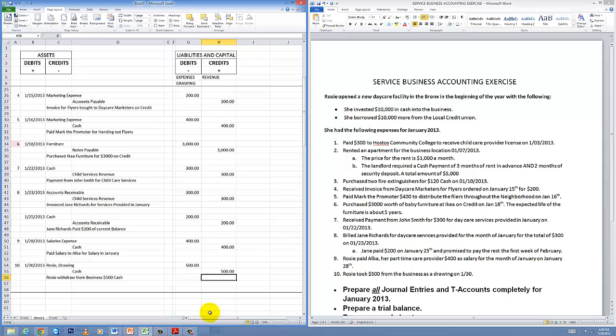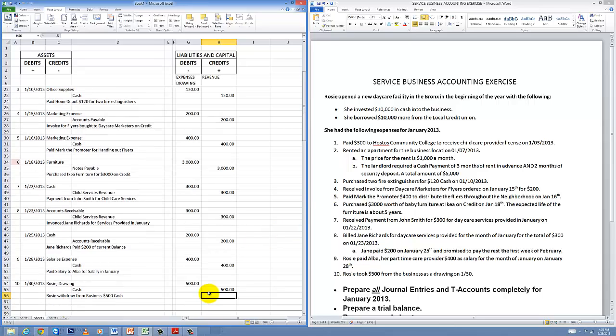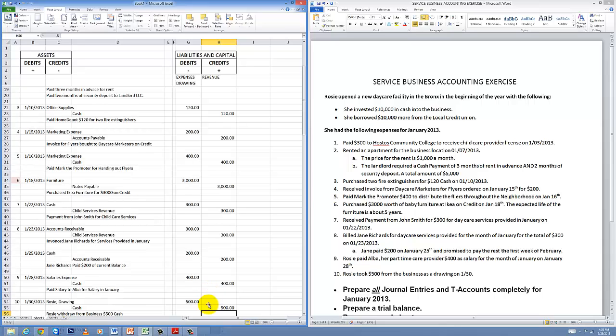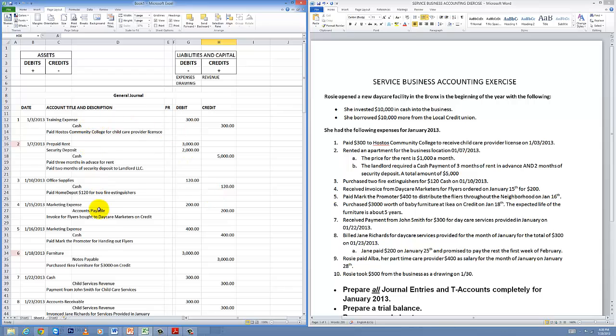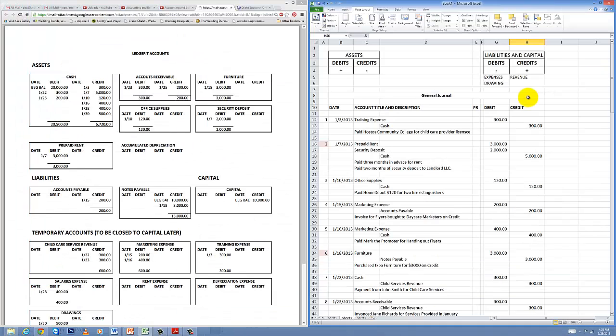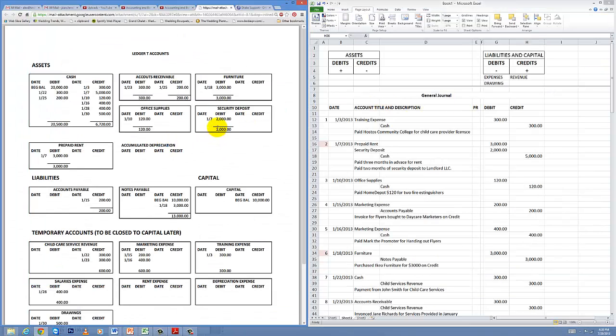And what we're going to do next is work on our T accounts. Any account that was affected here must be affected on the ledger. These are the ledger accounts here.